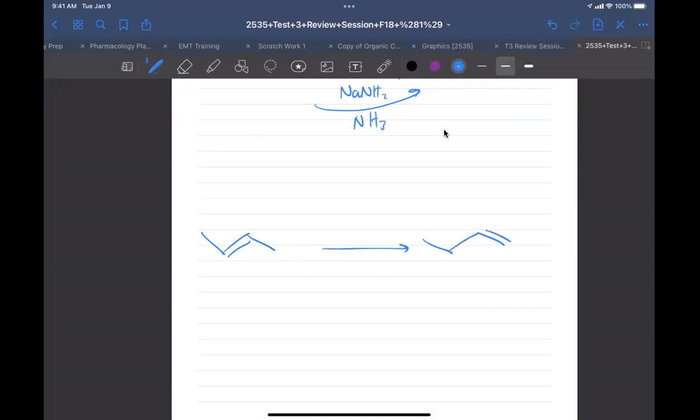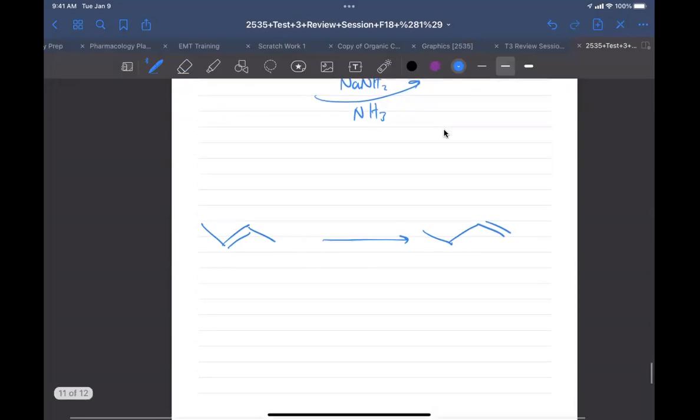We can't just flip that side over. To make an alkene, we can do an elimination reaction. So that could be something like this, Br, and then a large strong base. And then right here, we can just do our HBr.